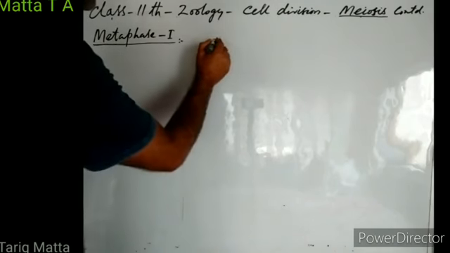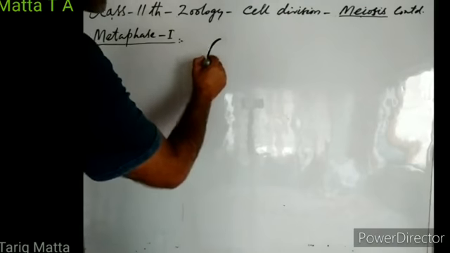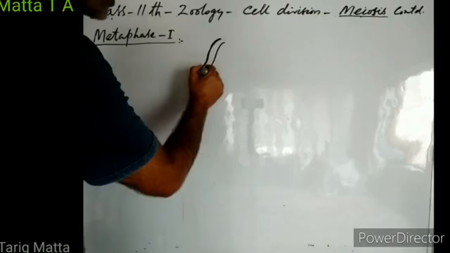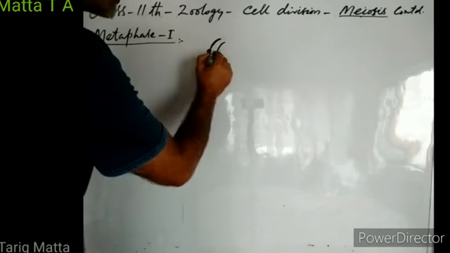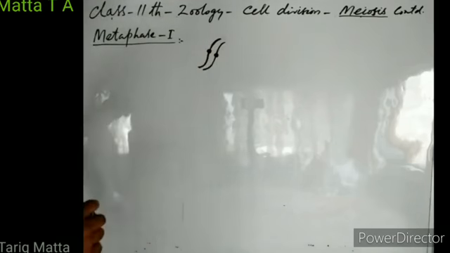Then the cell entered the third phase, pachynemia or pachytene. In pachynemia or pachytene, further coiling of the chromosomes occurred, and the two sister chromatids of each homologous chromosome became visible. So far, the homologous chromosomes were in the form of bivalents. They had only centromeres visible. This was one homologous chromosome, and this was another homologous chromosome. Their centromeres were visible, but sister chromatids were not visible in zygonema.